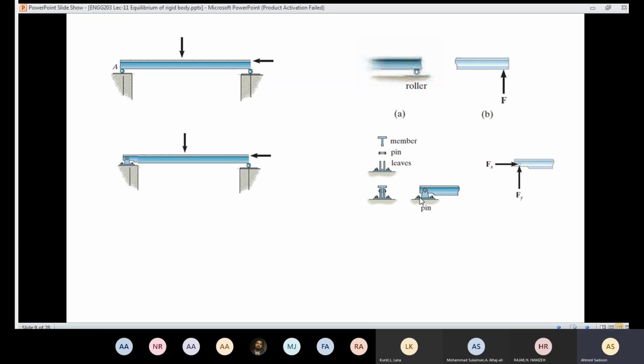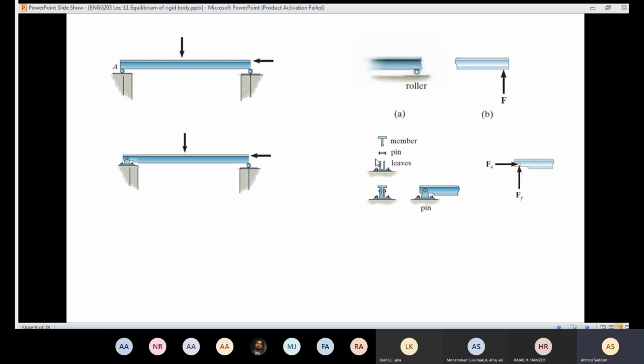The other type is a pin. If you can see here, we call this the pin support. To understand the pin support, here we have its components. We have the member. If this one is a beam and you cut from here and look from there, the side view is going to be like that.